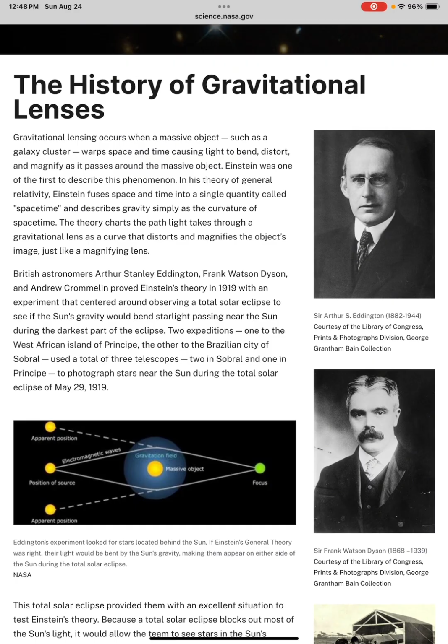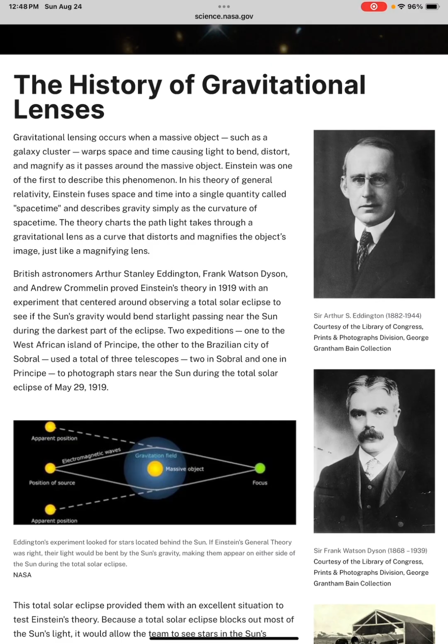So if Einstein's theory about objects bending space-time was correct, then you would expect to get light bending from stars that are behind the sun during a solar eclipse. Why a solar eclipse? Because that's the only way you can see stars behind the sun. Otherwise, the light is so bright that you cannot see anything, right?